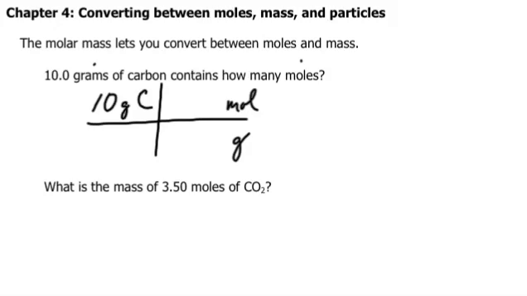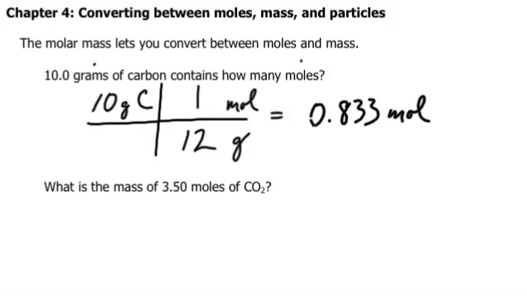Carbon, if you look at the periodic table, is 12 grams in 1 mole. And then you are done. You simply plug that into your calculator: 10 divided by 12 equals 0.833 moles of carbon. So that's a conversion from grams to moles.